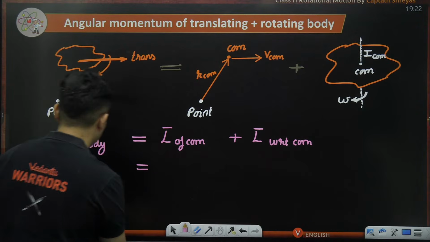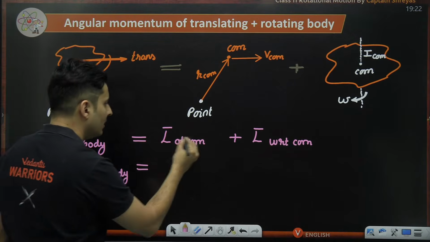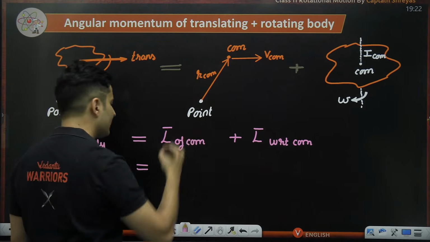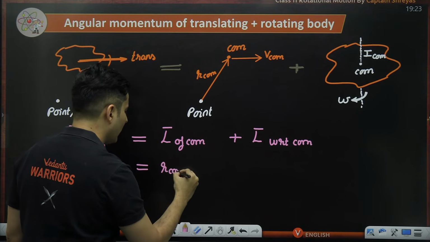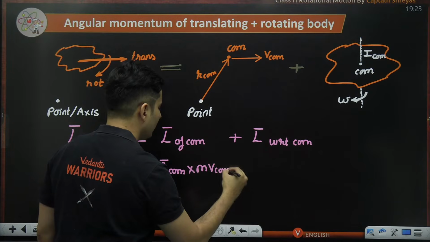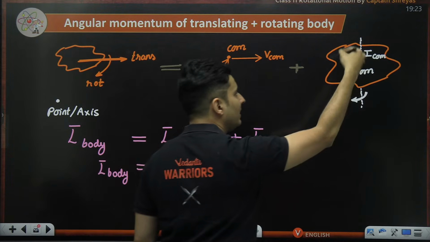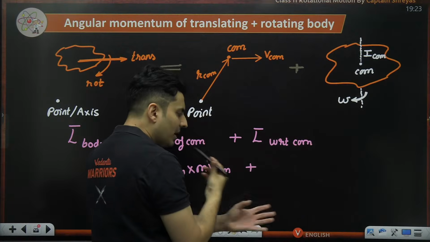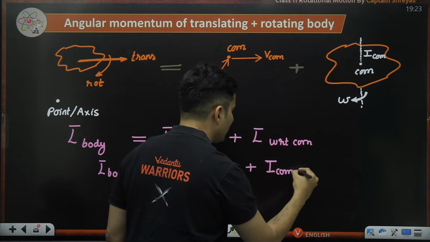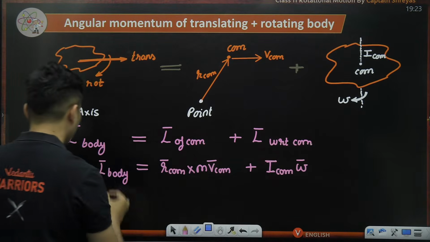Meaning the total angular momentum of that particular body will be, for the center of mass, which formula will you use, guys? It is RCOM cross M into VCOM, because it is a point mass, plus with respect to center of mass, it is spinning. It's a big body which is spinning. So I will use the I omega formula. So ICOM into omega. So this is the formula for it.